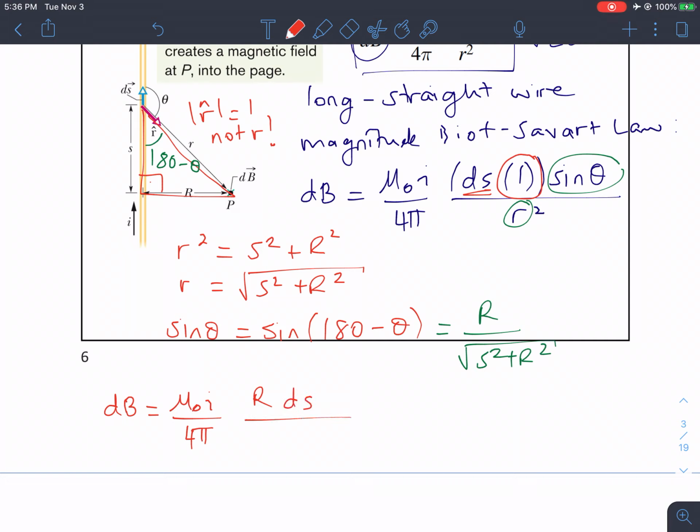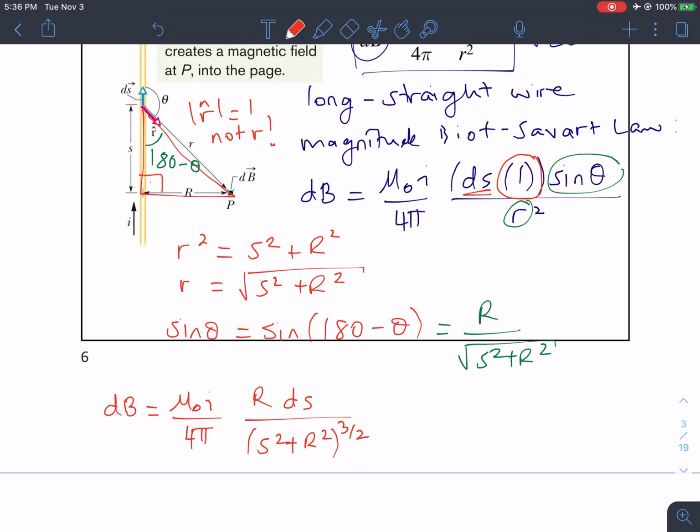Sine theta still has that root of s squared plus R squared, and r squared had s squared plus R squared. So when you multiply s squared plus R squared by the root of s squared plus R squared, you're adding up the powers: 1 plus 1/2 is 3/2. That's what we're going to get right before integration.